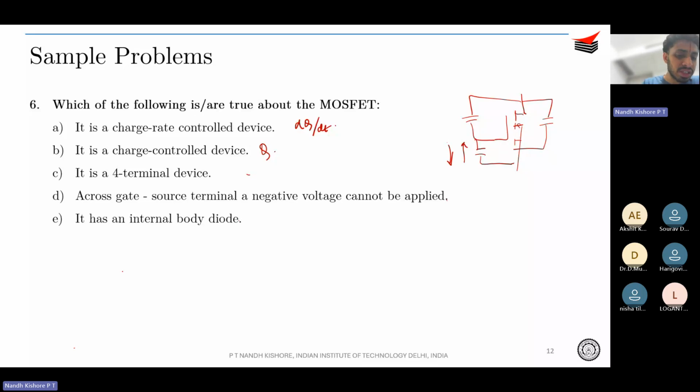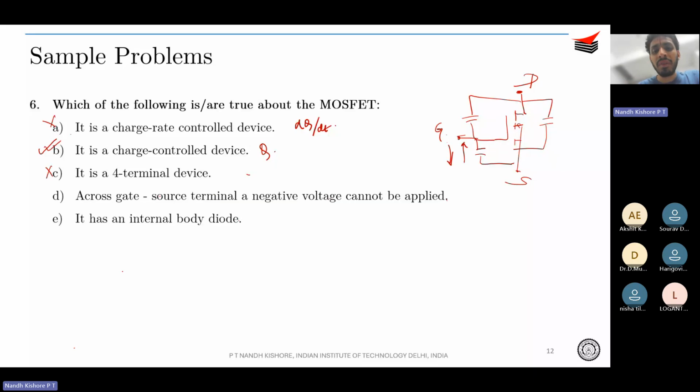So it is a charge control device. And is it a four terminal device? No, it has only three terminals: drain, source, and then gate. So it is not a four terminal device, it's not controlled by charge rate, right? And across gate source terminal, a negative voltage cannot be applied.